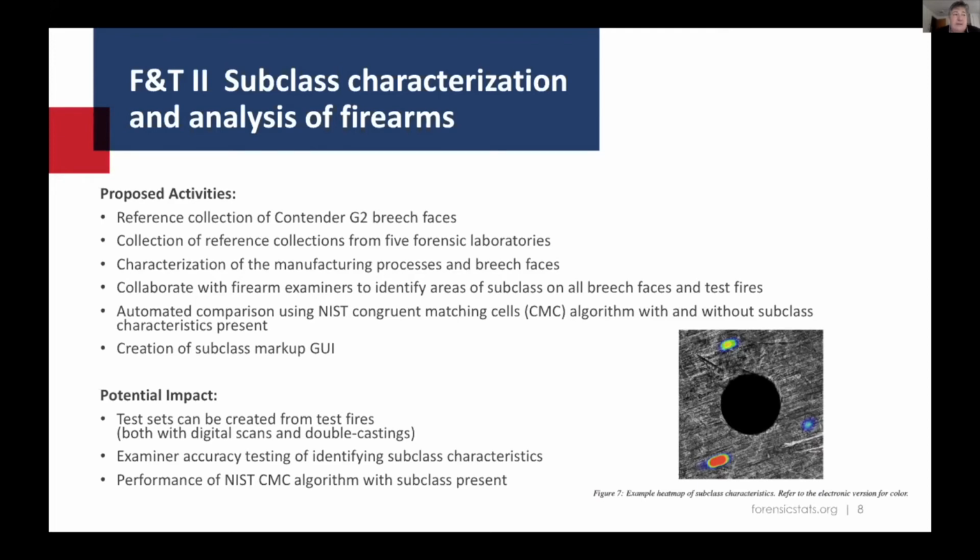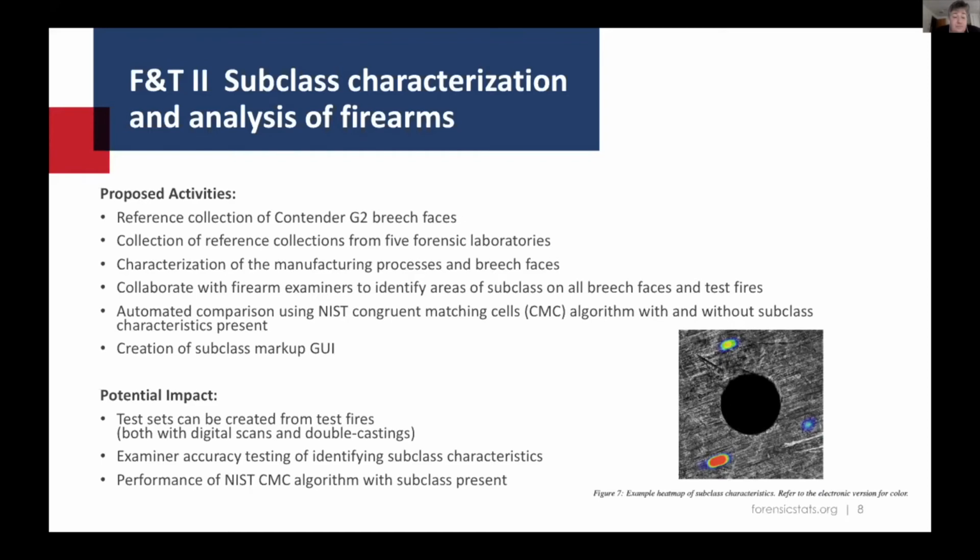We can then use these test fires to come up with proficiency tests. We can both use digital scans and also use double casting to create replicates of materials collected.